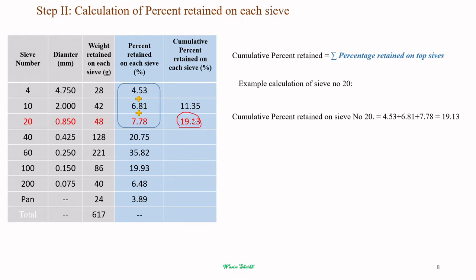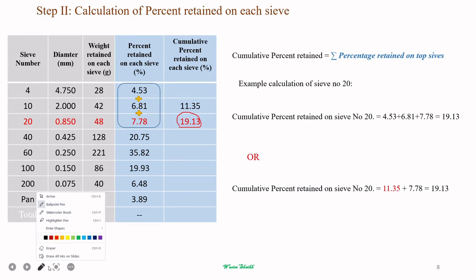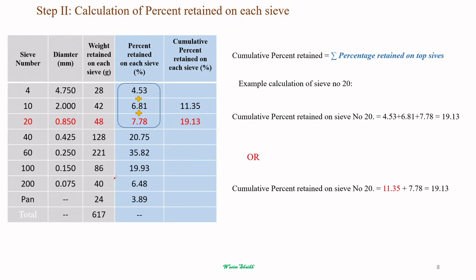There is another easier way, which by the way you should use. What is that way? You just add these two values. Just pay attention: instead of taking a combination of all the values above it, I'm just adding these two values. When I add these two values, I'll automatically get 19.31.